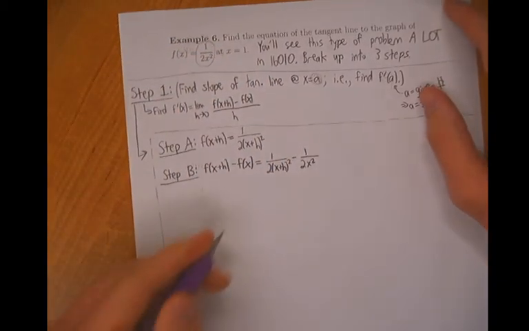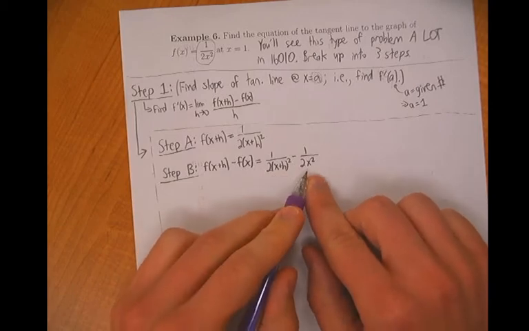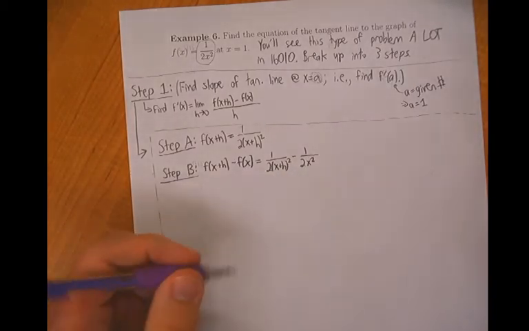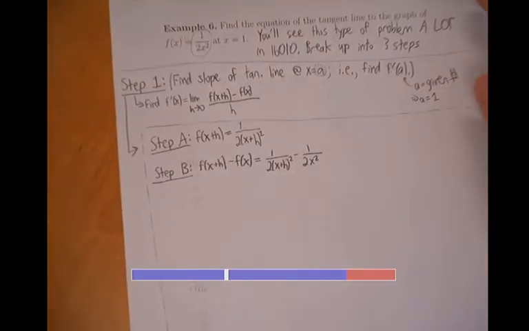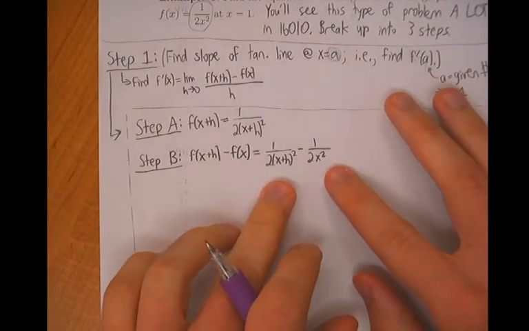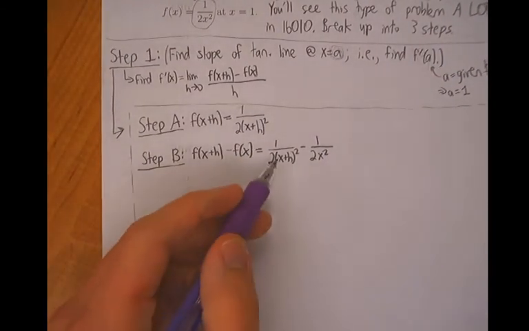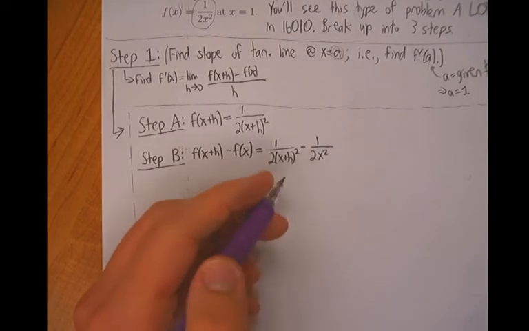So this part's just from step A, and this is just the function that we're given. So by itself, it doesn't really seem like we can do much with this, just by looking at the expression the way it currently stands. Because here we have one fraction that has one denominator, and we have another fraction with a completely different one.